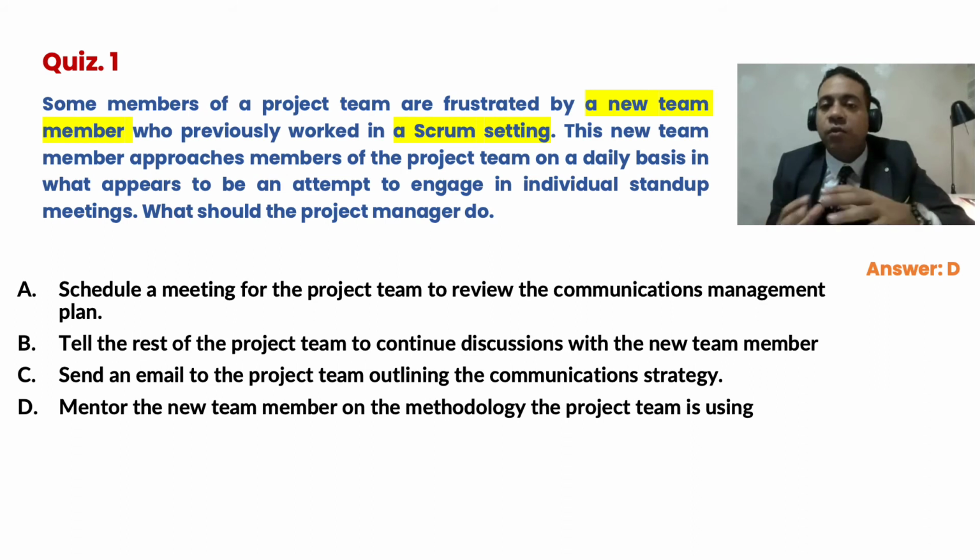B tells the rest of the project team to continue discussion with the new team member. It doesn't help solve the problem. If you are going to discuss the problem with each other, it doesn't help. Answer C, send an email to the project team outlining the communication strategy. It also doesn't help to solve the problem.